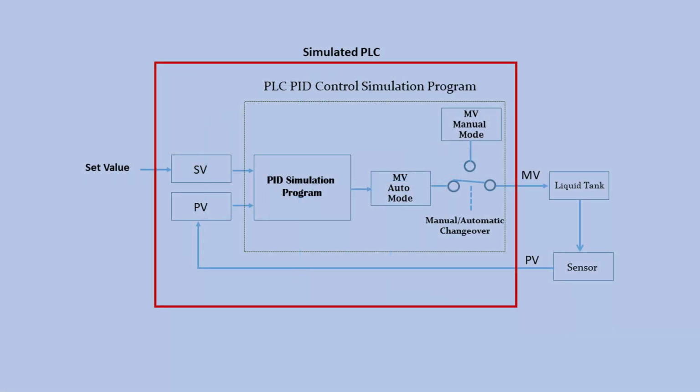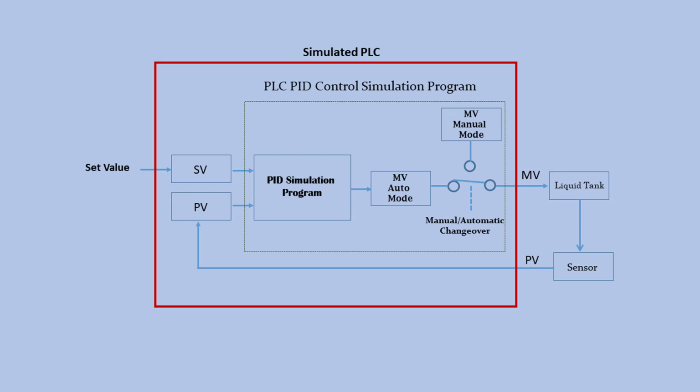If we look at the processing method for PID control, we see that the PID operation is executed by generating a manipulated value, or output, depending on the set value provided by the user and the process value which comes from the measurement of the existing process parameter value.